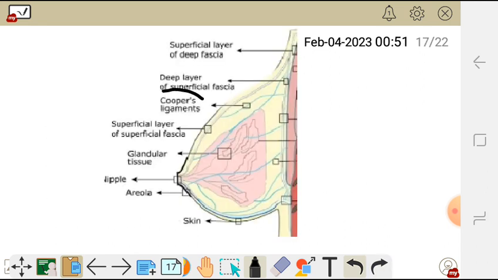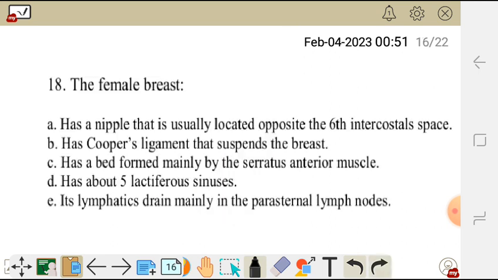So we could see the Cooper's ligament here. These are ligaments which suspend the breast. When you come to A, it says the nipple is usually located on the fifth intercostal space.